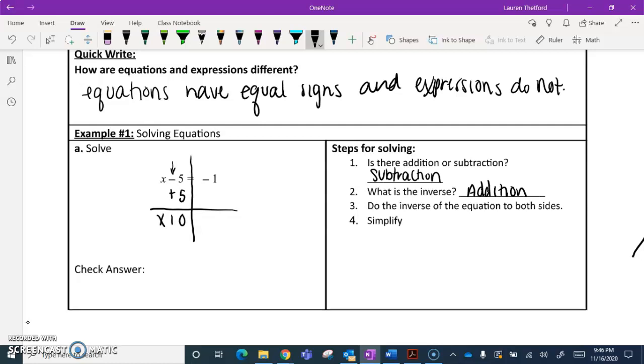So now I have x plus 0 on this side of the equation. And whatever I do to one side, I have to do to the other. I have to keep it balanced. It's like adding 5 pounds to one side of our barbell. Now I have to add 5 to the other side. So negative 1 plus 5 gives me 4.